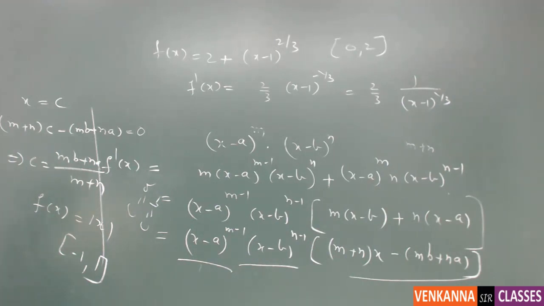So if you have any other queries, you can come up now. Any queries to anyone? Is the discussion sufficient for you in getting the understanding over Rolle's mean value theorem?